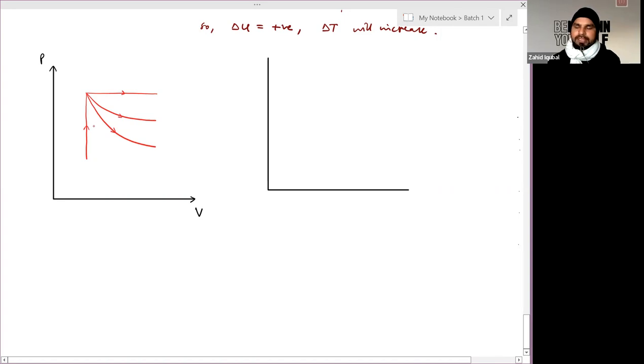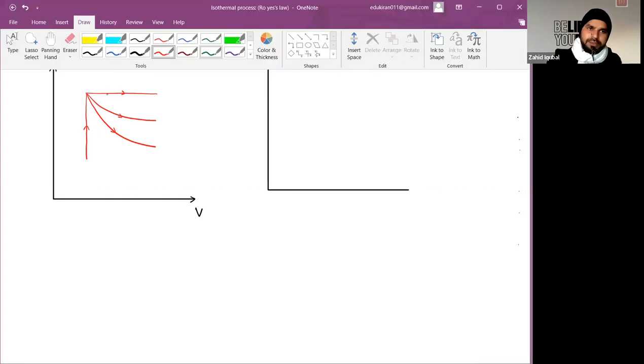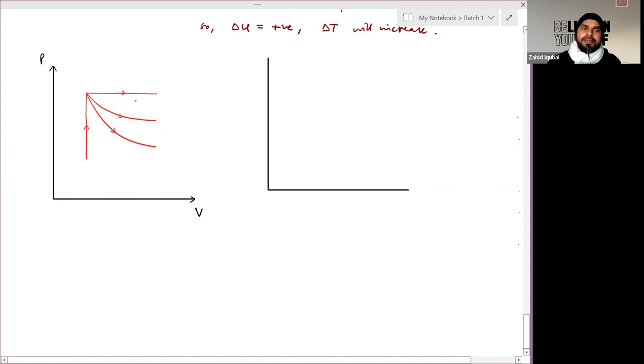You'll be asked to name these different processes related to the PV curve: which one is isobaric, isochoric, isothermal, adiabatic? First, the above straight line. It is parallel to the x-axis. It means the y coordinate will be constant, and that is P. So we can say this is an isobaric process.